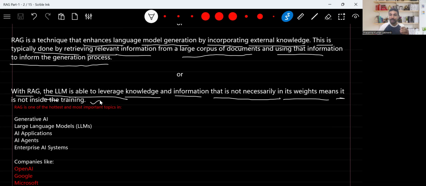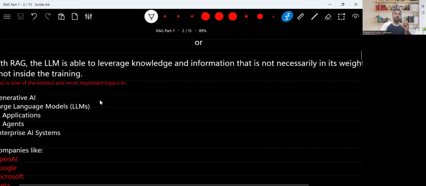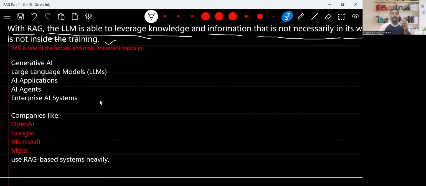response, a correct, updated answer from the LLM for the given prompt. RAG is one of the hottest and most important topics in generative AI, large language models, AI applications, AI agents, and enterprise systems.